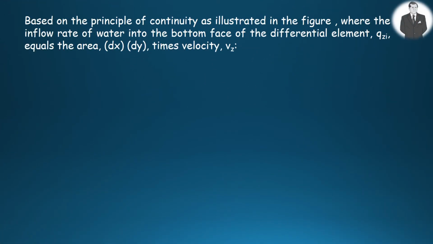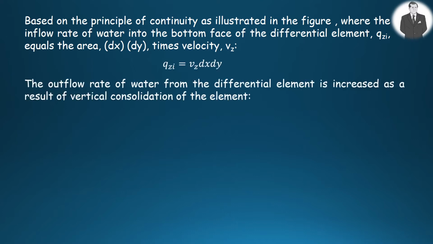Based on the principle of continuity, as shown in the figure, the inflow rate of water into the bottom face of the differential element equals the area times velocity. The outflow rate of water from the differential element is increased as a result of vertical consolidation of the element.